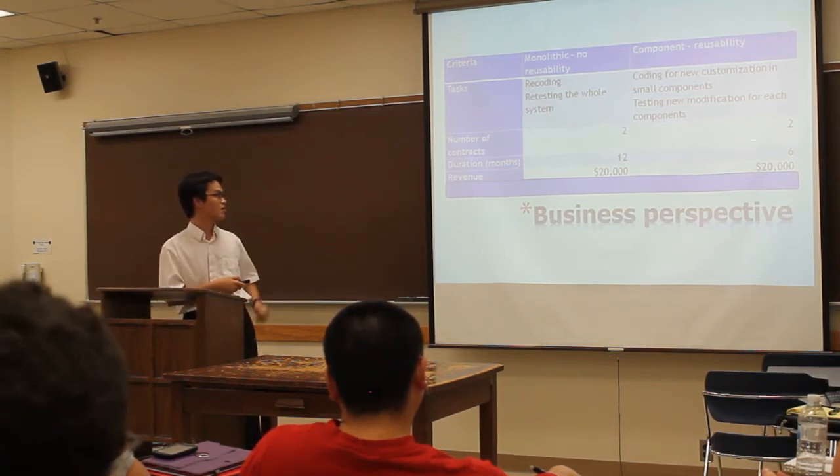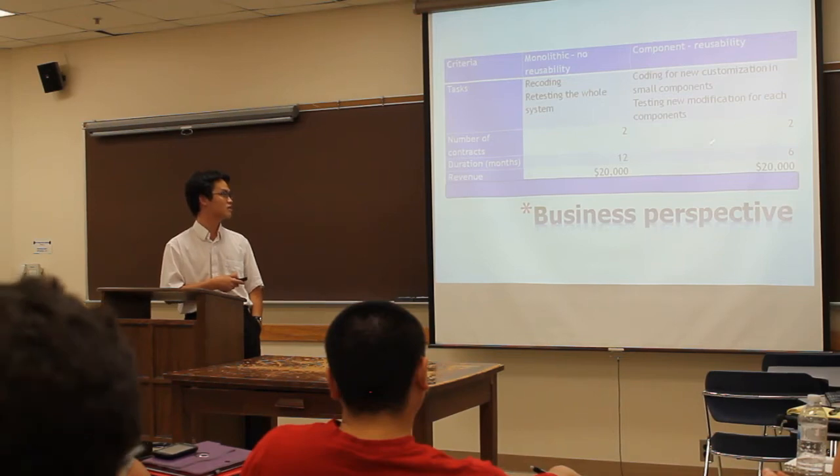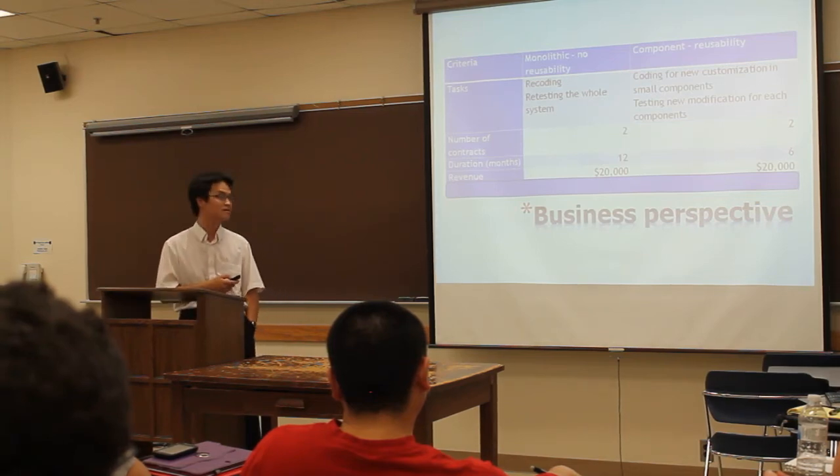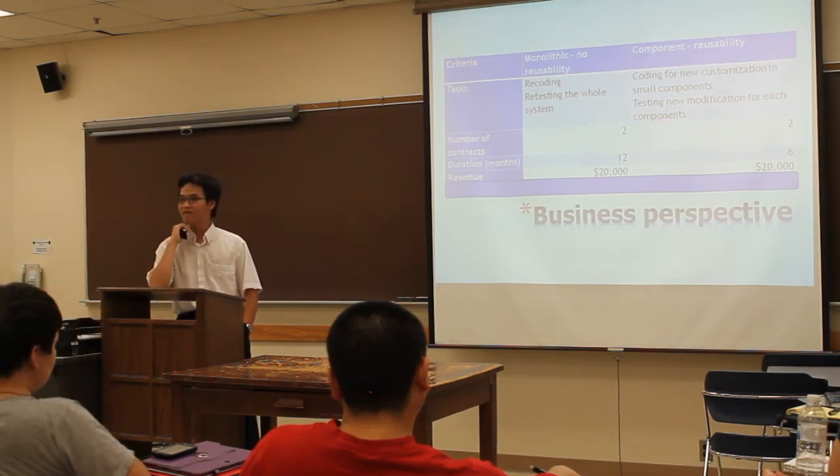And so the number of new contracts will be 2, the same in both cases. But the duration, since you do it with this method, from the beginning, will take 12 months to finish the 2 contracts. Now, for this one, because you have reusability, you don't have to do everything from the beginning.